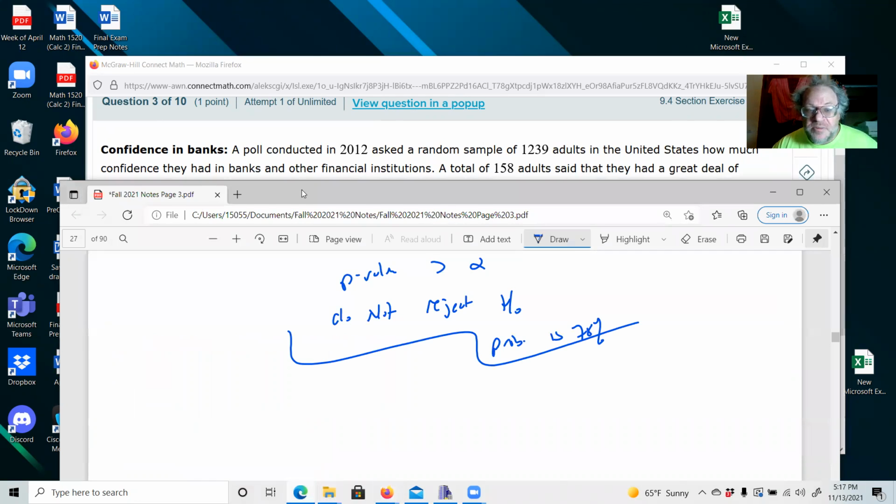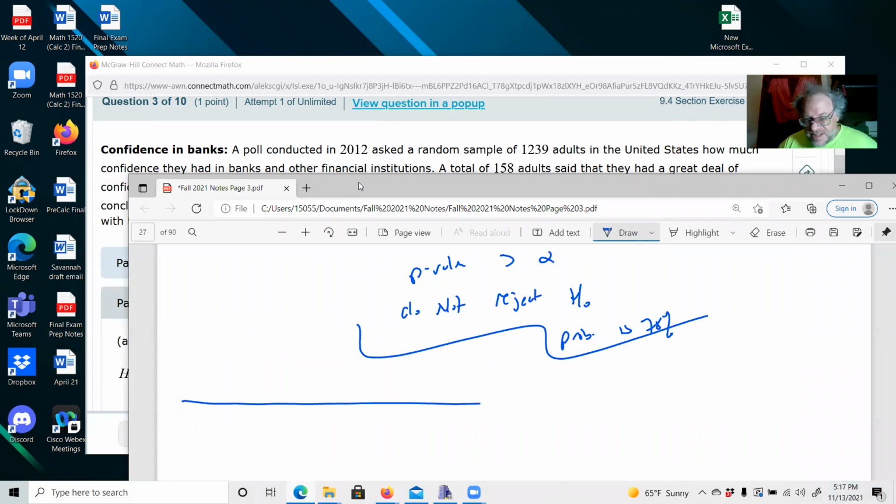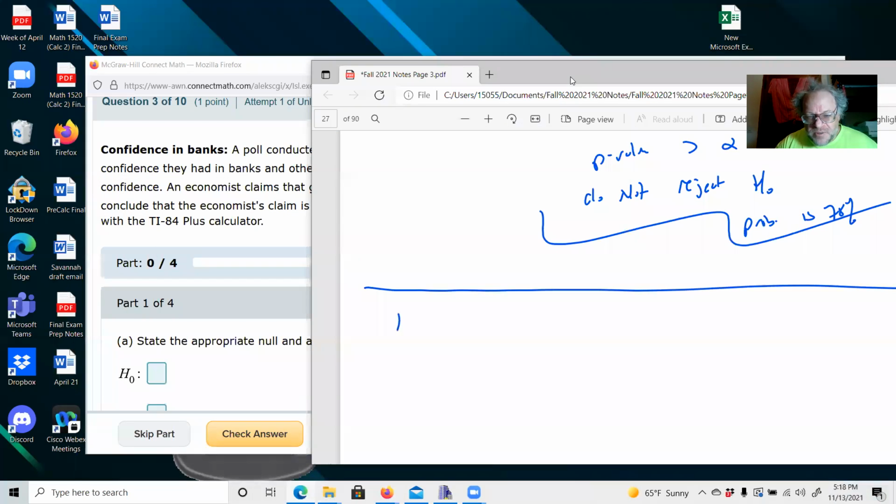All right, let's write down some stuff. What is H0, H1? So what are we arguing over? We're arguing whether or not 11% have a great deal of confidence in the bank, or greater than 11%.